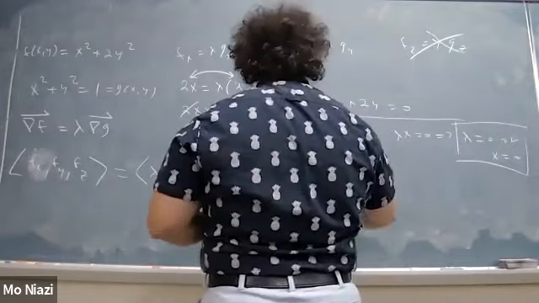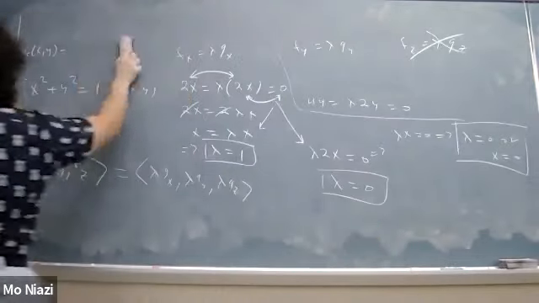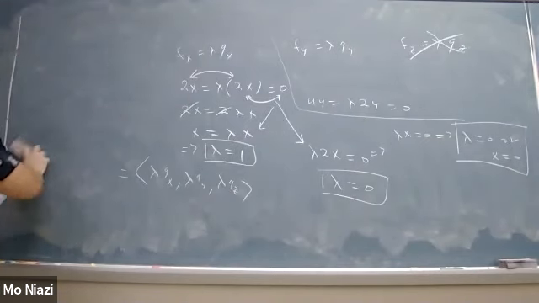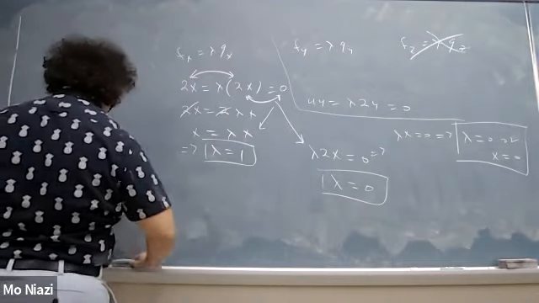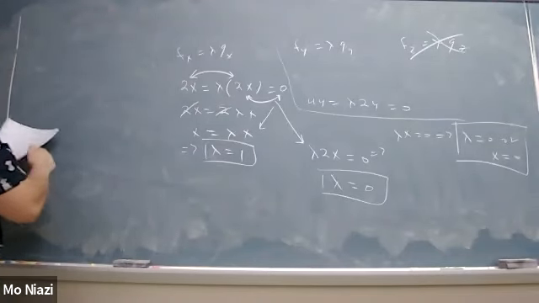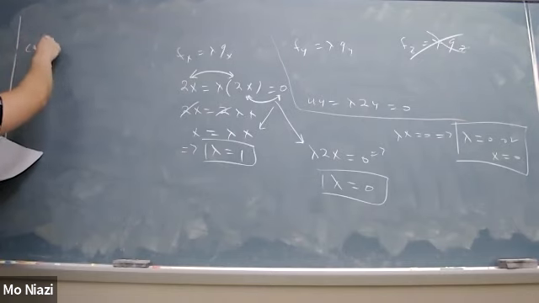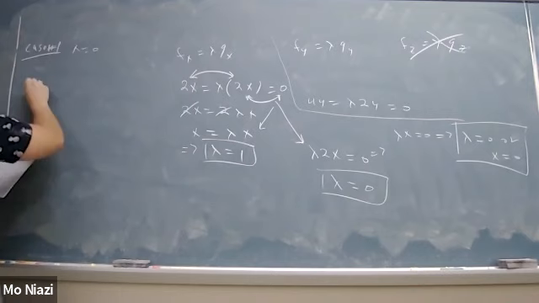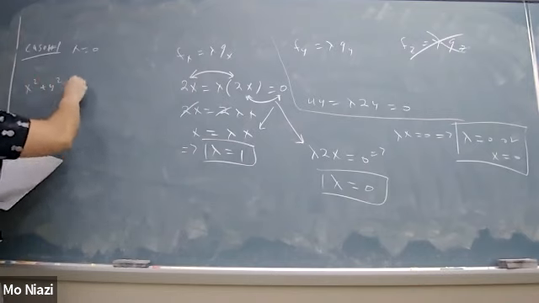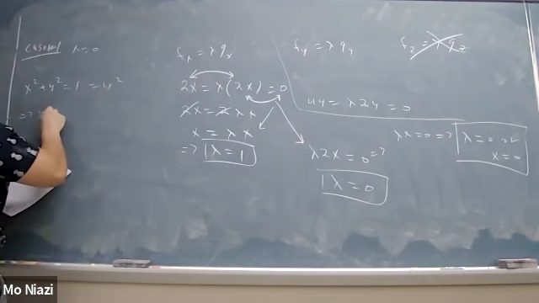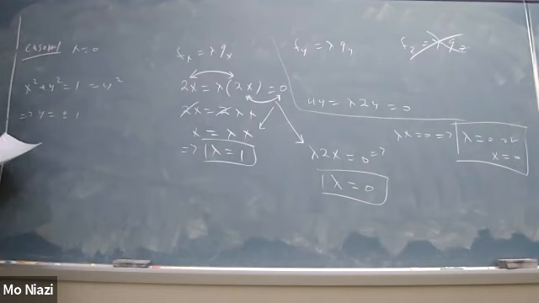We're not even talking about this dichotomy yet. So lambda is equal to 0 or x is equal to 0. Let's break that into case 1: x is equal to 0. That implies, when we use x squared plus y squared is equal to 1 in our constraint equation, that y squared is equal to 1, which implies y is equal to plus or minus 1 when you take the square root of both sides.